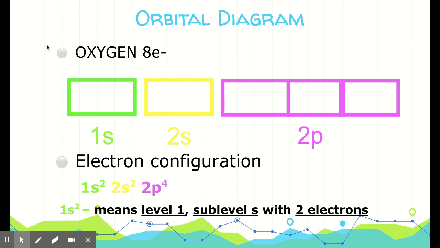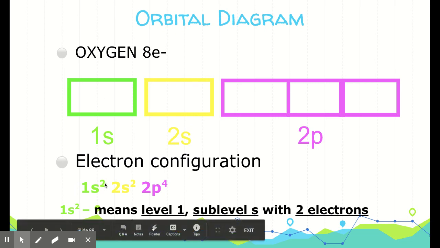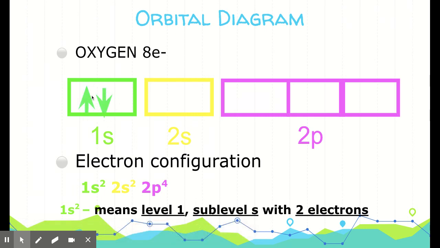If we were to represent each electron using an arrow, they're going to be up and down arrows. And we have to follow all the rules that we've gone over so far. So Aufbau's principle: we're going to fill up each sublevel before we move on to the next one. If we have 2 electrons in the first sublevel, one will go up and one will go down because they have opposite spin.